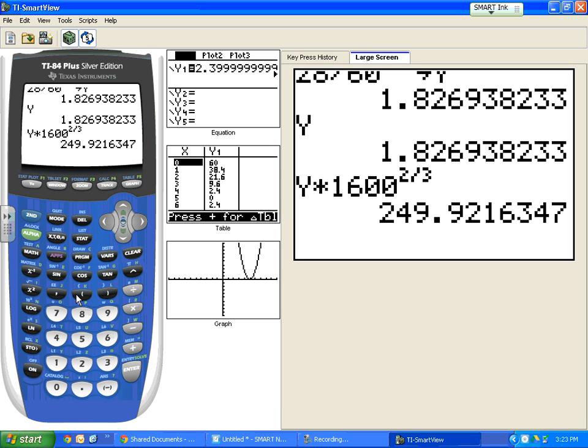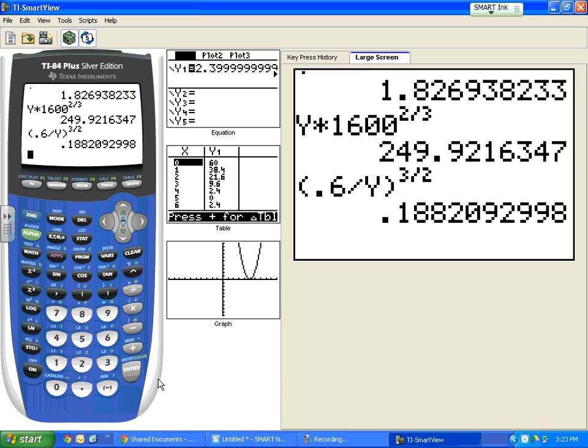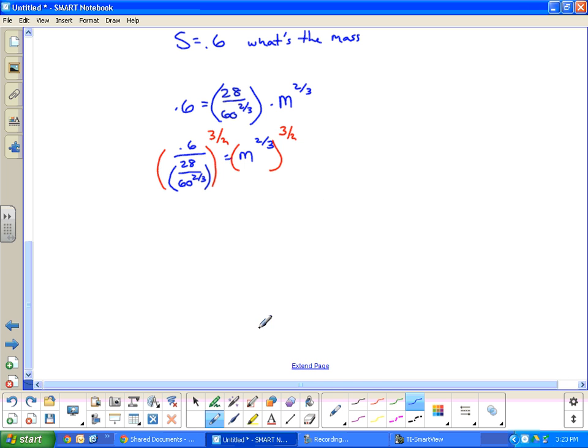I made that mistake. Let's go 0.6 divided by, and remember we've already stored it to alpha Y, raised to the 3 divided by 2, hit enter, and we see that it's about 19 grams. So m equals 0.19 grams.